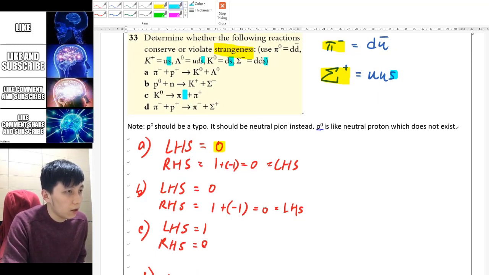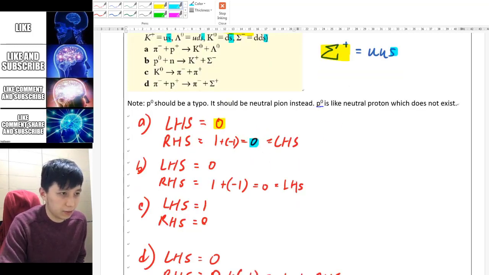Proton, you know the content, and it doesn't contain a strange quark. And for kaon, it does 1 for the anti-S, and then the other one has a strange, so -1, so eventually it will be 0, so it is conserved.